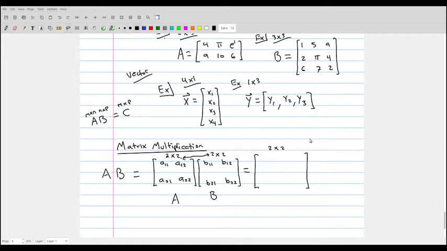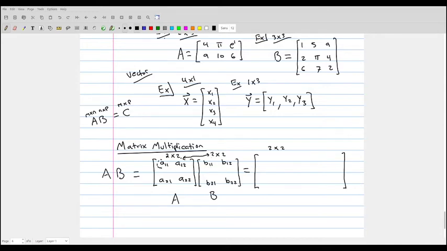But the way that we compute this is we say the ijth entry in the multiplication is just the multiplication of the ith row of A, the components of A, with the jth column of the components of B, added together.